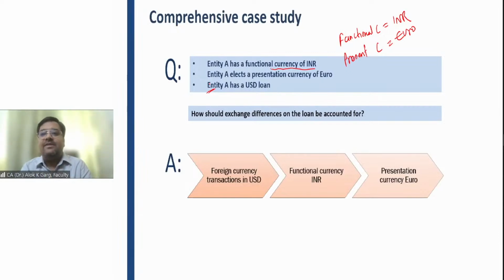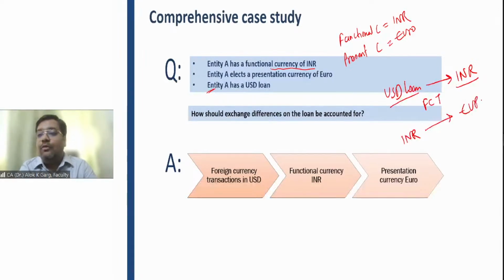So friends, there are two legs of this transaction. What are the two legs of this transaction? The US dollar loan needs to be converted into INR, which is the functional currency, using the rules of foreign currency transaction translation, right? Then this INR financial statement needs to be translated to Euro using the rule of translation of the entity's financial statement into presentation currency, right?